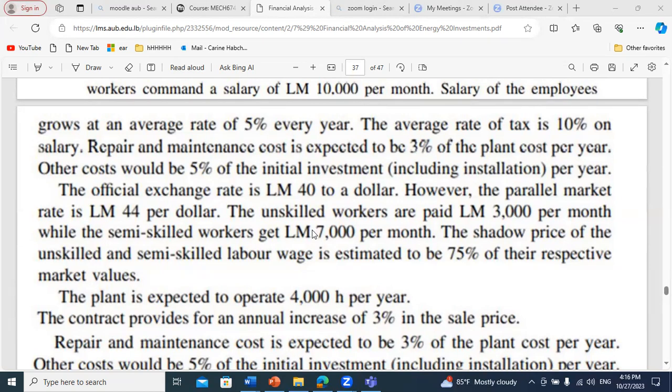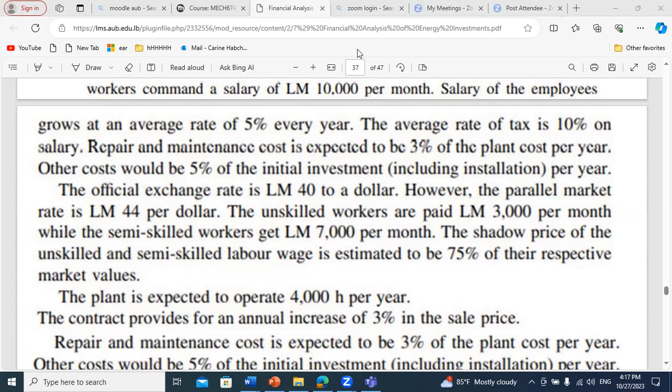Here, the tax is for skilled one, and this 75% value. So the reduction is 25%, because the shadow price is 75% of the market value. So the reduction is 25%.